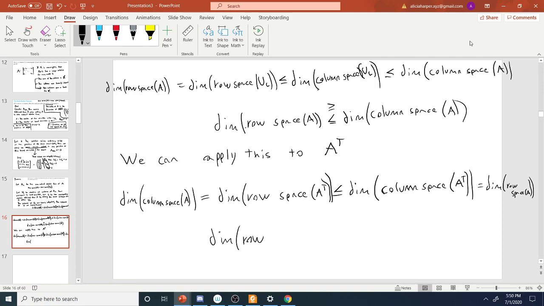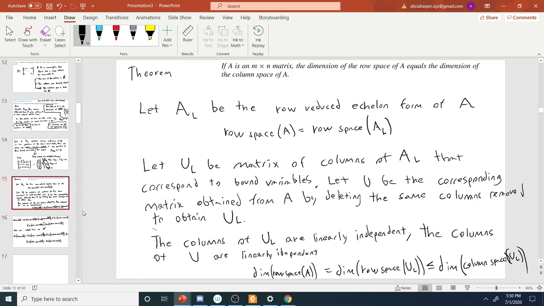The dimension of the row space of A is equal to the dimension of the column space of A. And that completes the proof of this theorem.